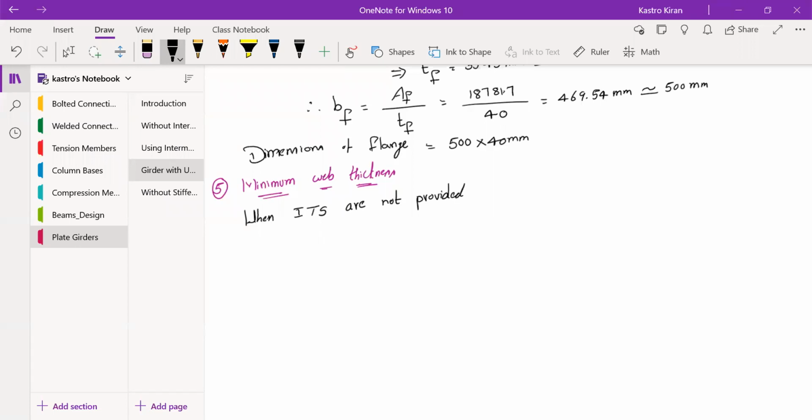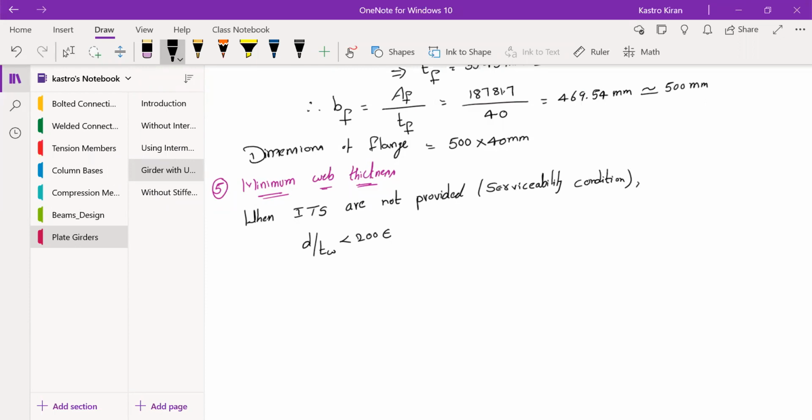So when intermediate transverse stiffeners are not provided, based on serviceability condition, it should satisfy that the value of d by tw must be less than 200 epsilon.